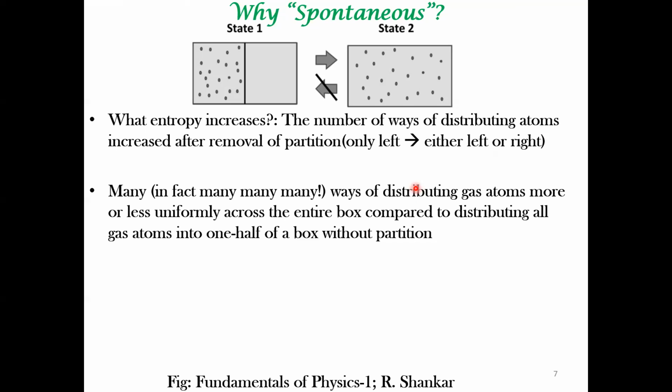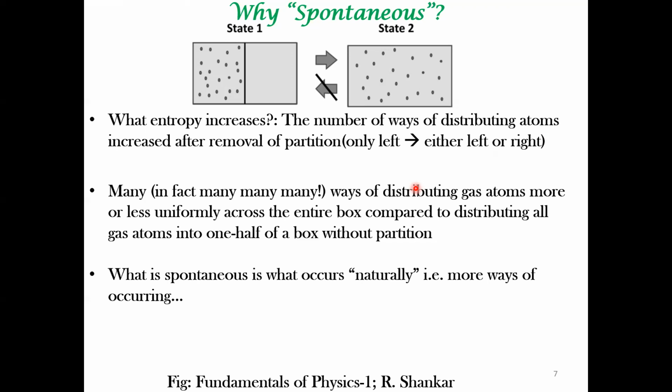As I said, thermodynamics is a macroscopic science. You have to have a large number of atoms to even define macroscopic properties. When you have a large number of atoms, we can analyze them in a particular manner and then come up with these conclusions. So what is spontaneous is what occurs naturally. There are many more ways of occurring naturally.